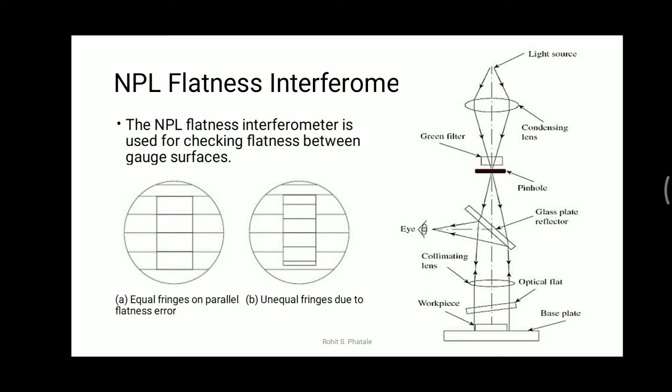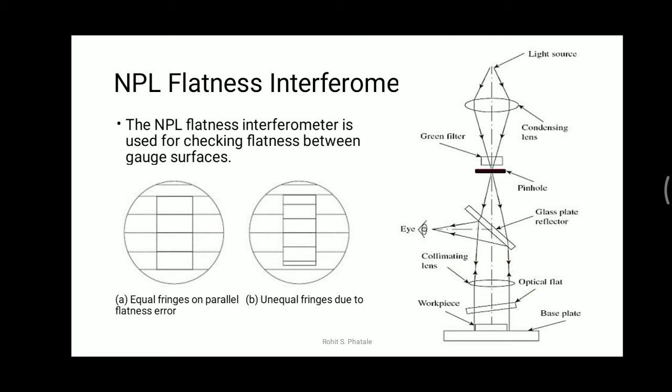Then this pinhole is placed at the focal length of this collimating lens to get a parallel beam of light. Over here you can see the collimating lens, and this pinhole is placed in the focal plane of this collimating lens.